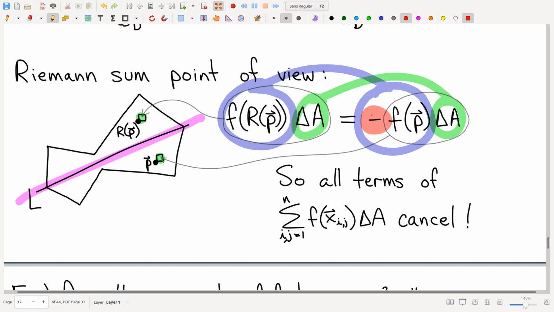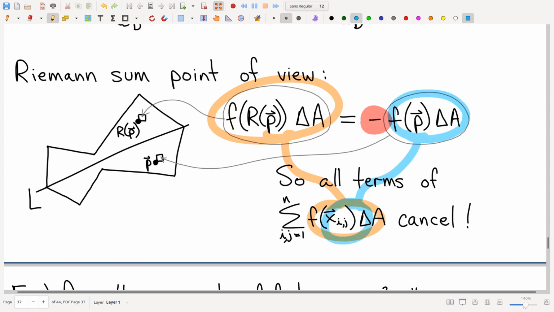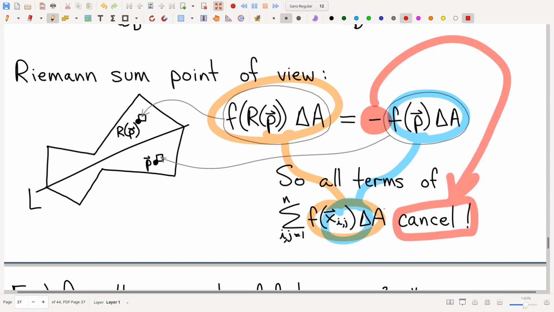Odd functions: the value of the function at the reflected point is the negative of the value of the function at the original point. And with that minus sign, if you look at this term in the summation, and then this term in the summation, they're negatives of each other, and so they cancel. So I find this one more intuitively satisfying, for my own money. Everybody on board?